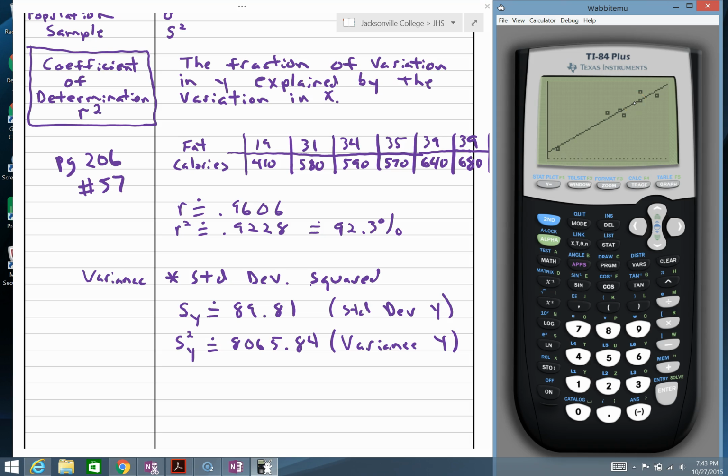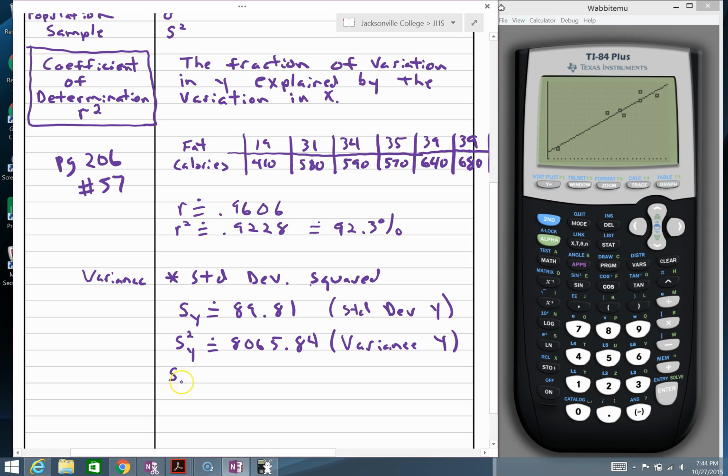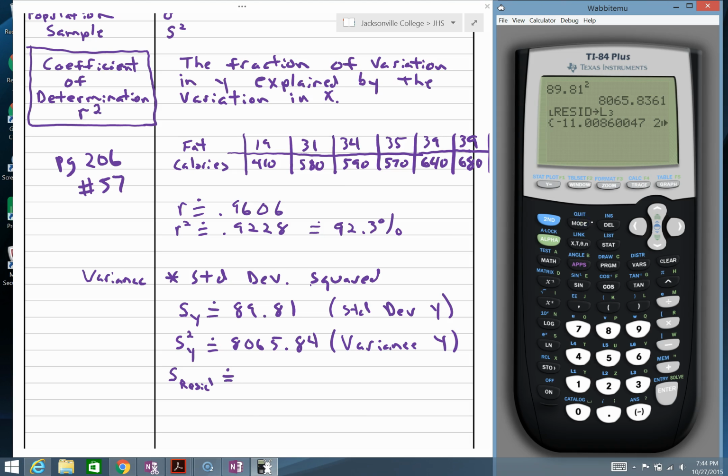Well, I want to look at that standard deviation and that variance. So now I'm going to find the standard deviation of my residuals. Okay, so back to my home screen. I want to go stat, calc, one variable stats, but now I want to do my residuals, which are in list 3.